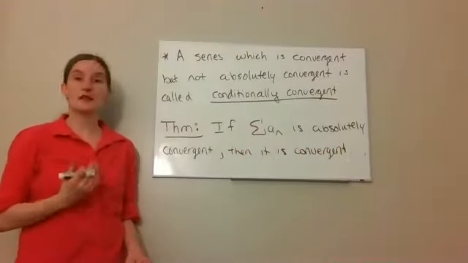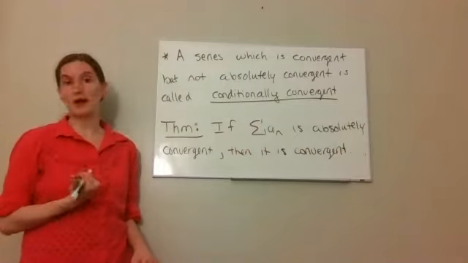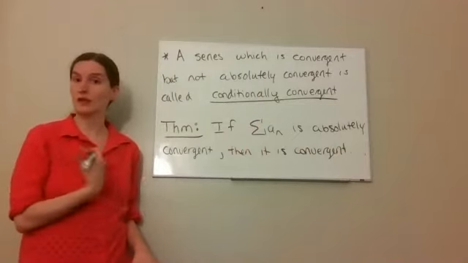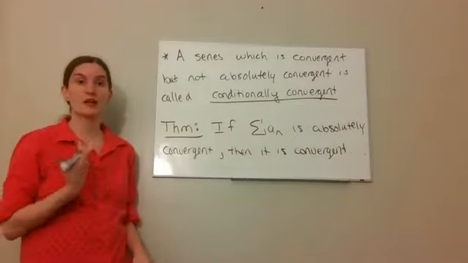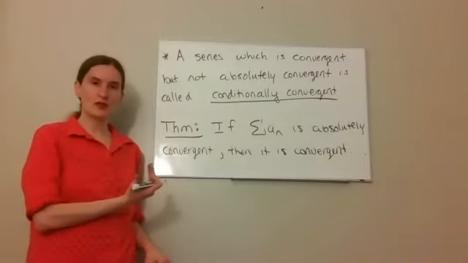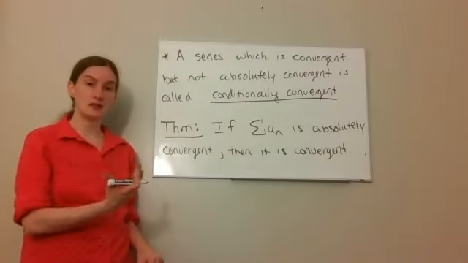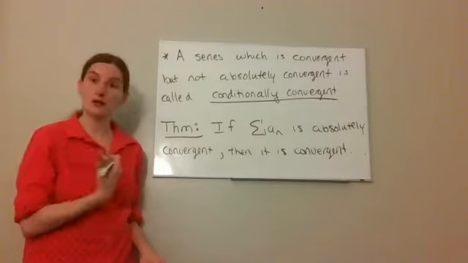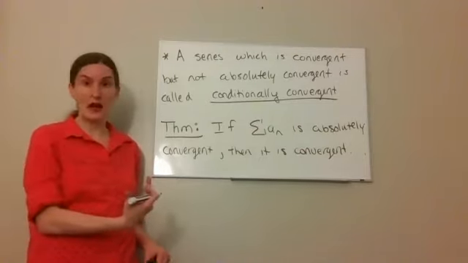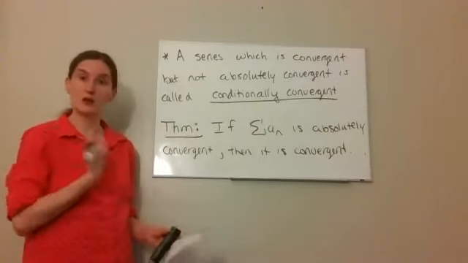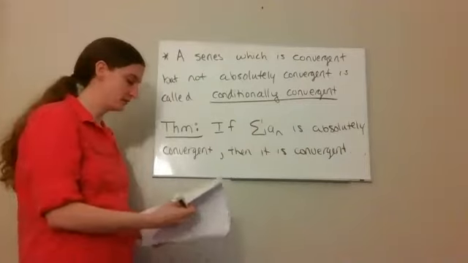But remember that this theorem only goes one way. We just had an example that showed the other direction does not work. If you are absolutely convergent, then you are convergent. But if you are convergent, that does not mean that you're absolutely convergent. It only works in one direction.